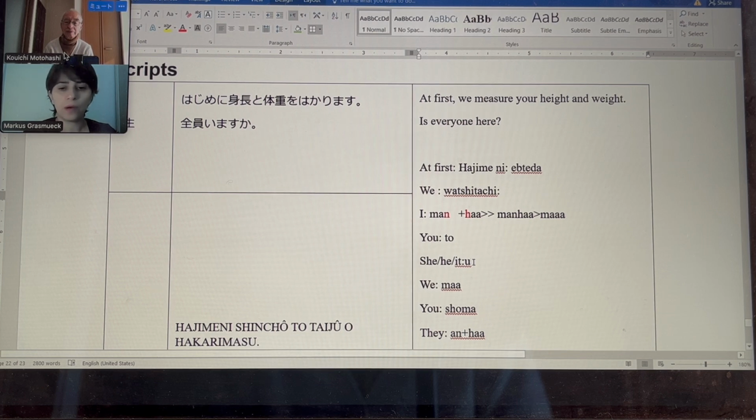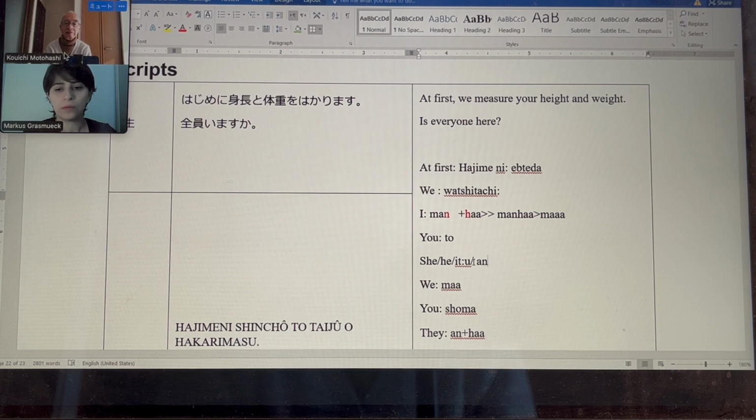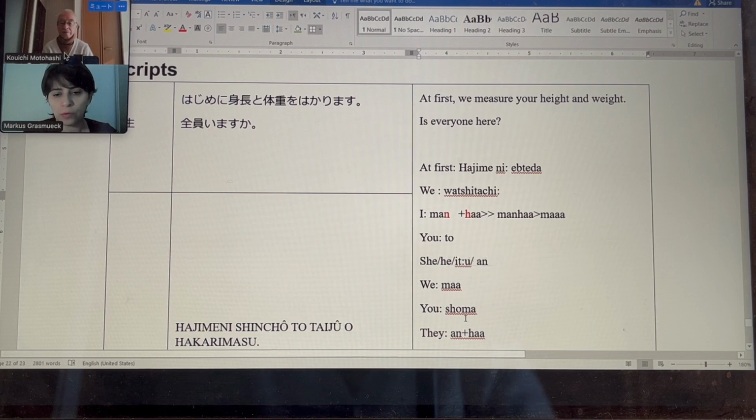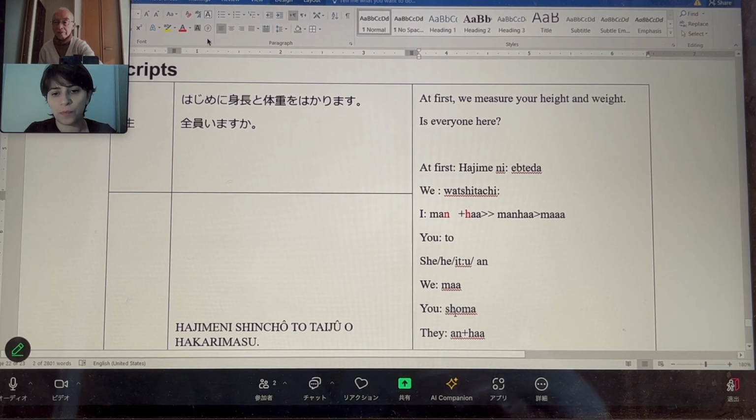But as another pronoun for she and he, there is un, so you can say unha. You see, this ha is added to un. For shoma, I don't know why it's like that. I have no idea.